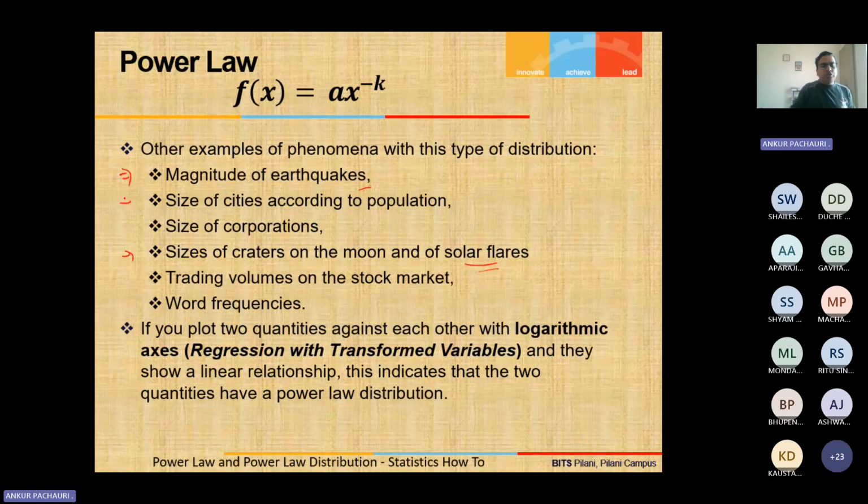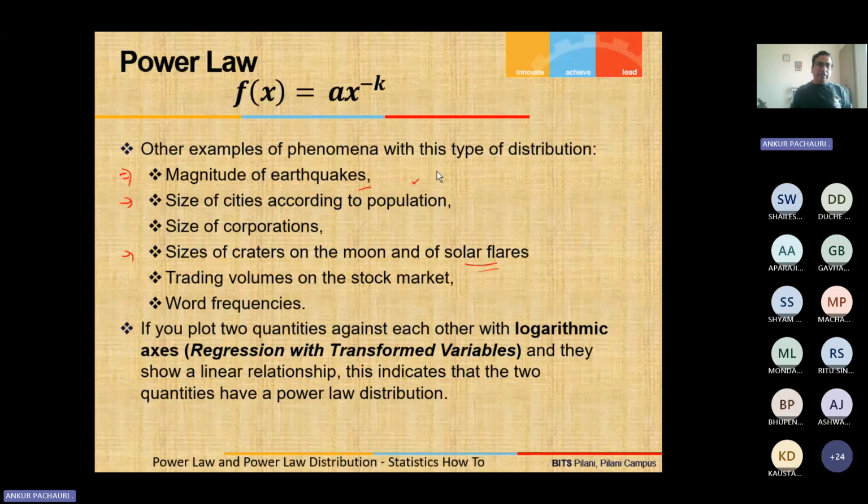Size of cities according to population. There are millions of cities throughout the world, but there are a few which have a very high, very dense population. So they are countable, in terms of the number of persons living in that city. Even in Delhi, around 2 crore or 4 crore persons are living.